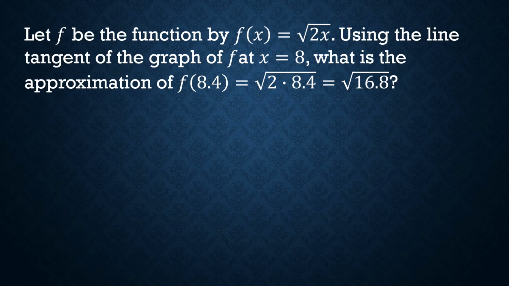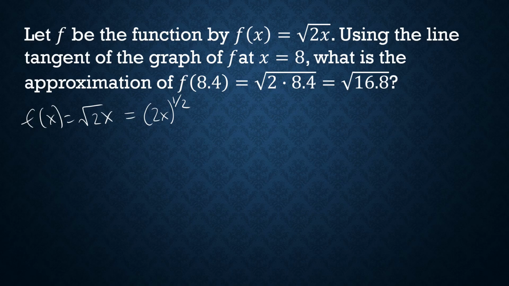So this problem says let f be the function given by f of x is equal to the square root of 2x. Using a line tangent to the graph of f at x equals 8 as the approximation of f of 8.4, which would be the square root of 2 times 8.4, or the square root of 16.8. So here we have our function f of x is equal to the square root of 2x. And I can rewrite this as quantity 2x to the 1/2 power.